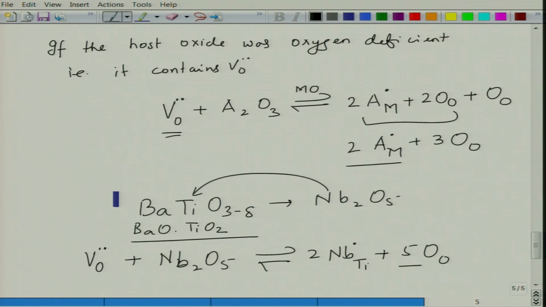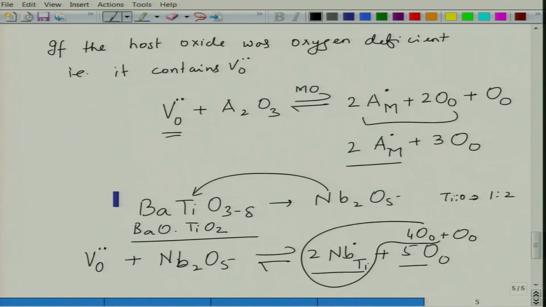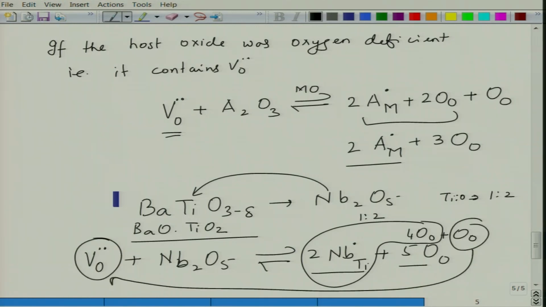Out of these, 4 are related to titanium, because Ti to O is 1:2, right. Okay. So, out of these 5, you can write this as 4O_O plus O_O. So, 4, this is site balance 1:2, and this is compensated by this extra one. So, this is how barium titanate is made more resistant.